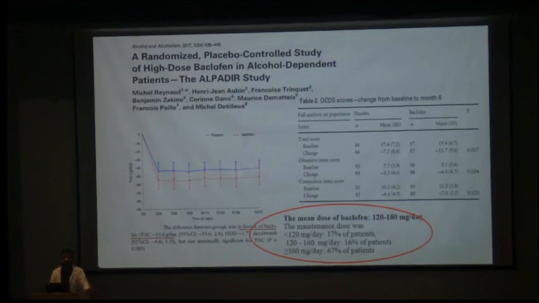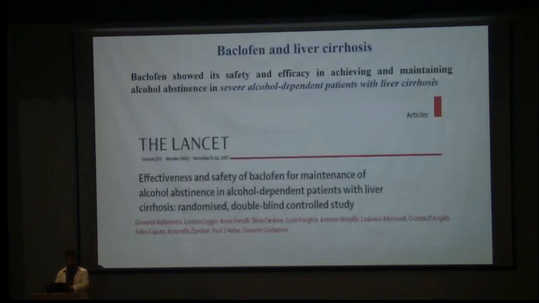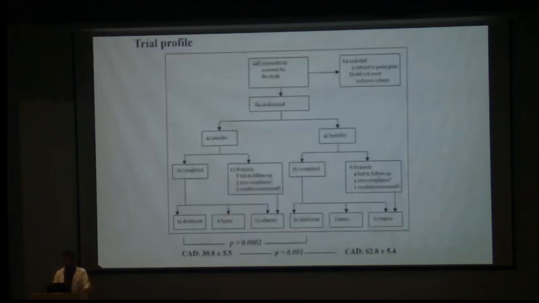These are dosages which are actually difficult to give in liver disease patients because of the risk of sedation. The paper published in Lancet around 15-16 years back still remains the gold standard paper in this field. What they did was 148 patients, out of which 84 were randomized.